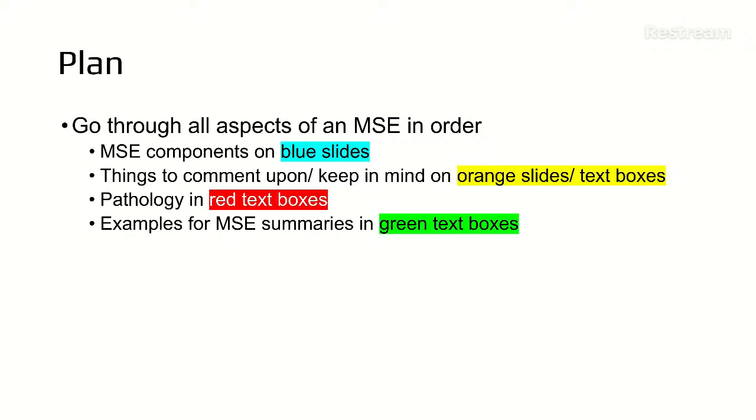I've also put pathology in red text boxes, and in the green text boxes, I've put examples of what you might say when you're trying to present your MSE to an examiner. Sometimes I find it's a little bit easier when you know what you're trying to achieve, what's the end goal of this assessment. All right, next slide.